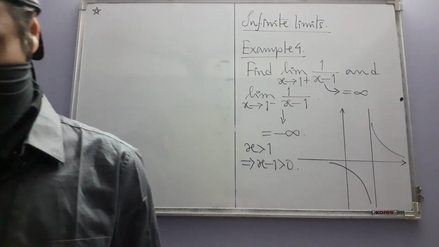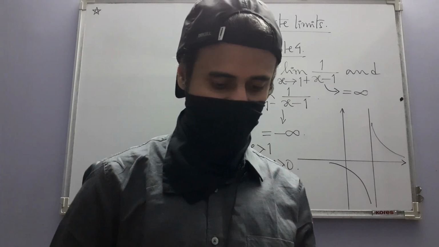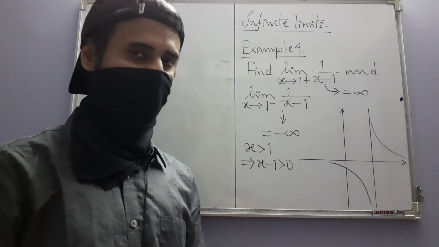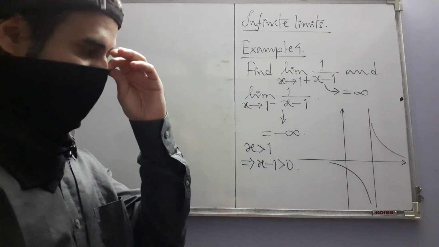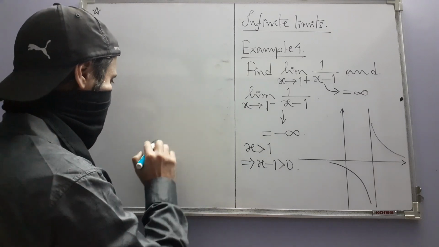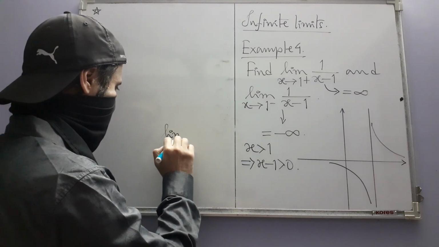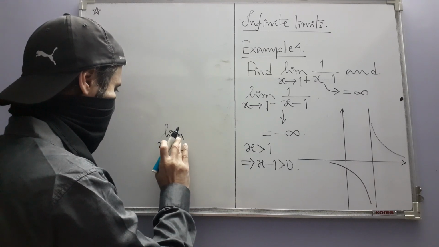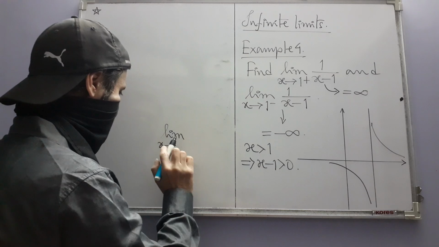So you should be able to understand by now what the informal definitions of these notions are. That is, when you say that, say, we were considering A, right?